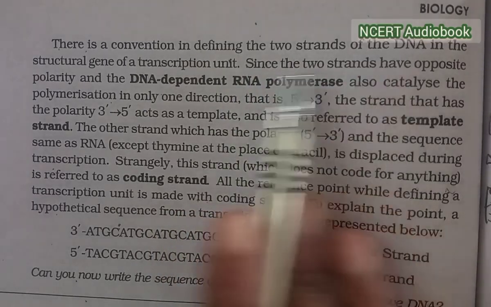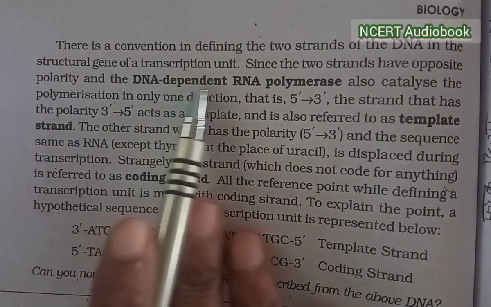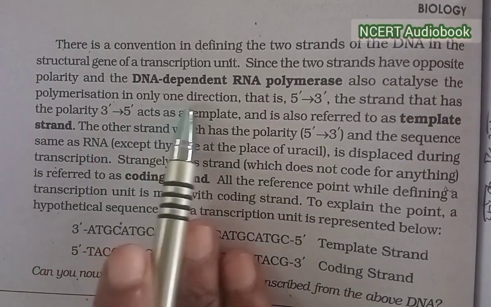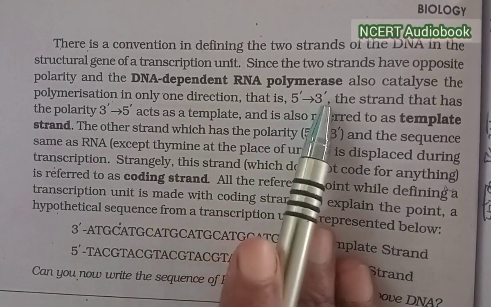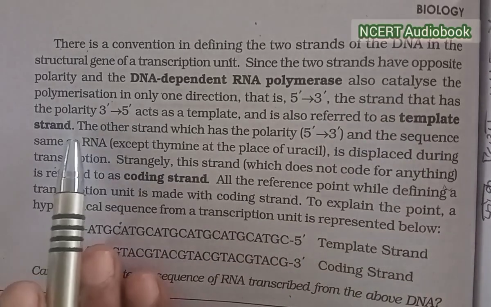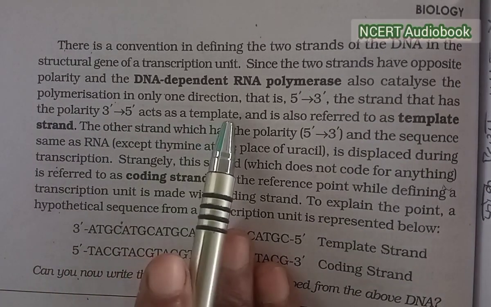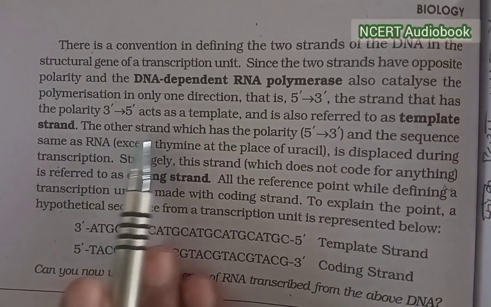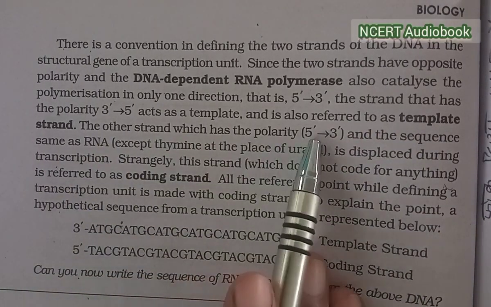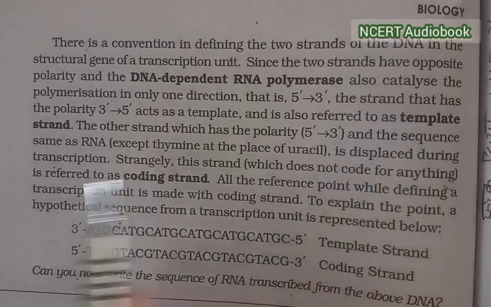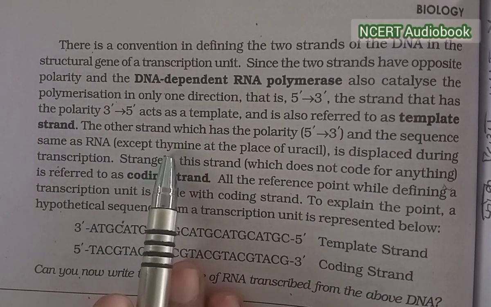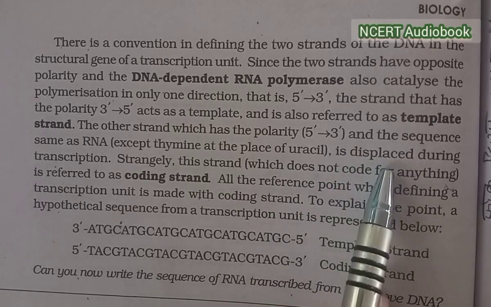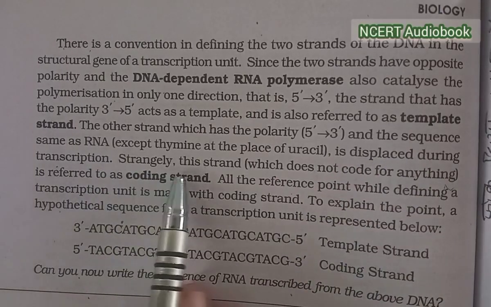Since the two strands have opposite polarity and the DNA-dependent RNA polymerase also catalyzes polymerization in only one direction, that is 5' to 3', the strand that has polarity 3' to 5' acts as a template and is also referred to as the template strand. The other strand, which has the polarity 5' to 3' and a sequence the same as RNA, except for thymine in place of uracil, is displaced during transcription.